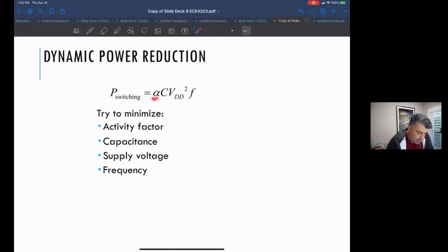Alpha is the activity factor, which divides down this operating frequency given how many circuits are active on a particular clock edge. So between alpha and f, you're basically considering how many circuits are switching. Then you've got the total capacitance you're driving, and then the supply squared.